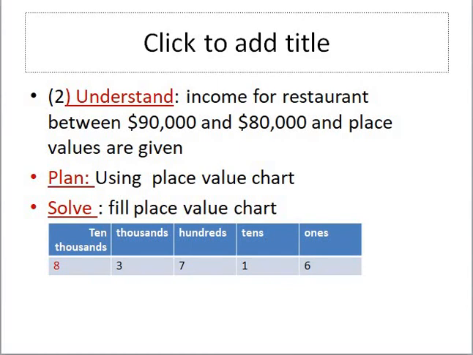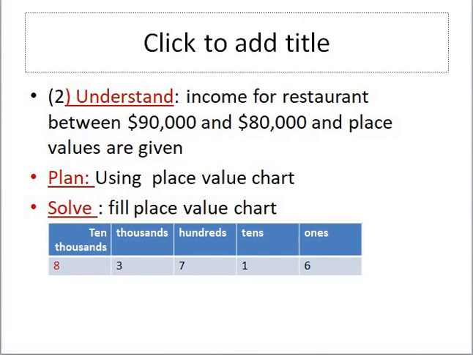So how can I plan for questions that have place value? They tell us in 10,000, in 100,000. Immediately go to the place value chart. You can write or draw the place value chart, and to solve, fill this place value chart according to their information.